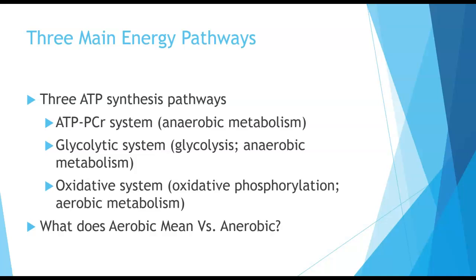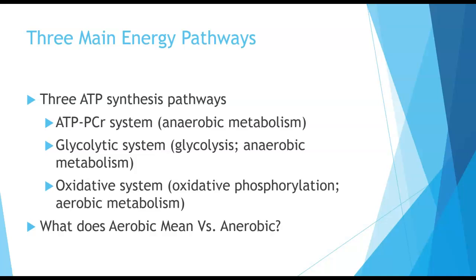It is anaerobic. Okay. Next, we'll talk about our glycolytic system. That's where glycolysis happens. Sometimes you may hear me refer to that also as anaerobic metabolism, just in general. And then the oxidative system, where we have oxidative phosphorylation.